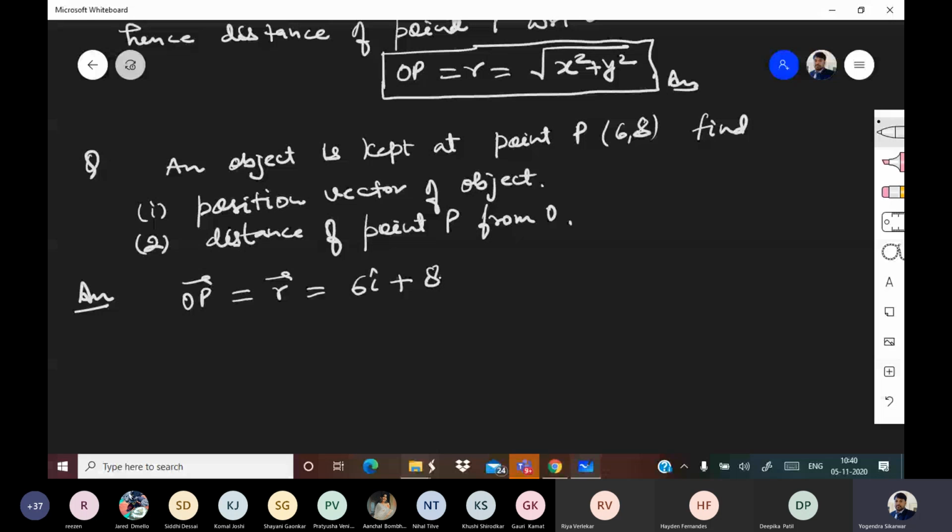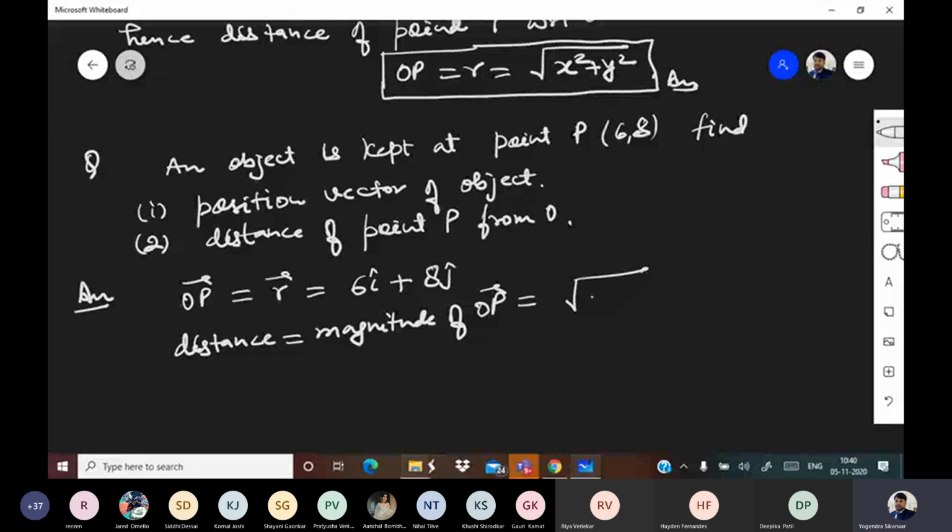So the distance, that means the magnitude, is equal to the magnitude of the OP vector, and that will be the square root of 6 square plus 8 square, and that is 10 units. So that is our answer.